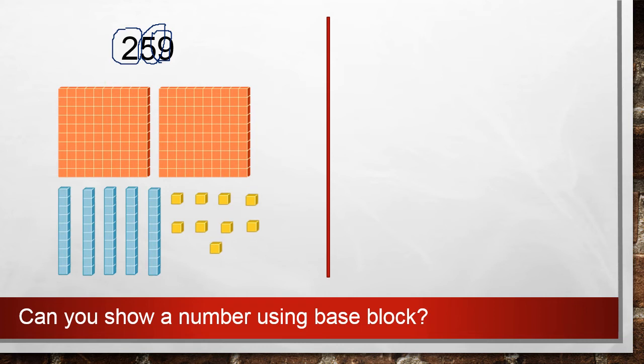Alright, next. 35. Well, we don't have 100 here, so we don't need the hundreds block or the blocks in orange. We don't need that. We just need tens block.